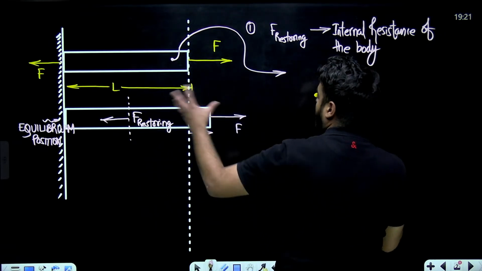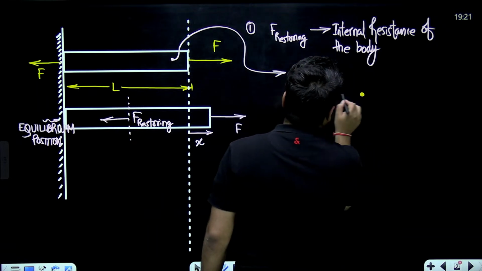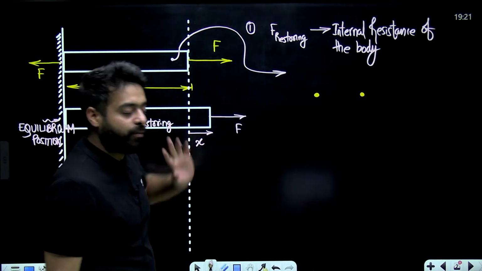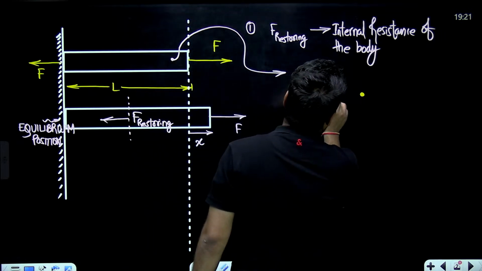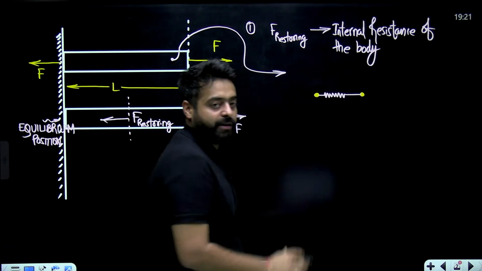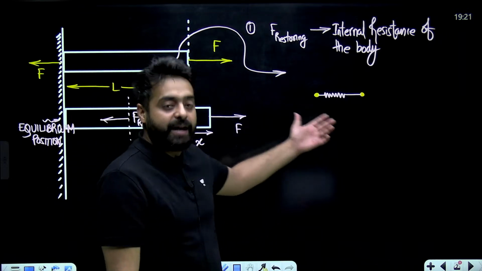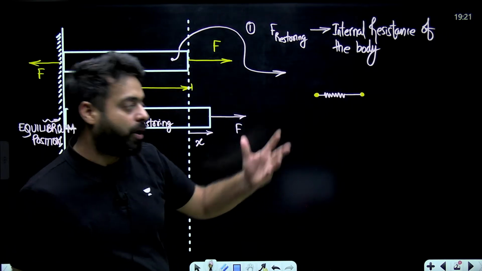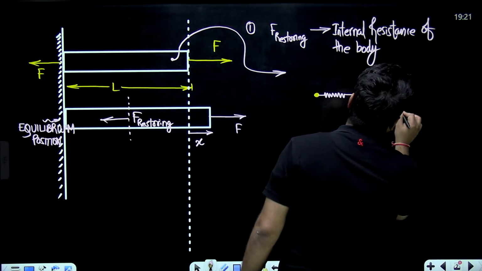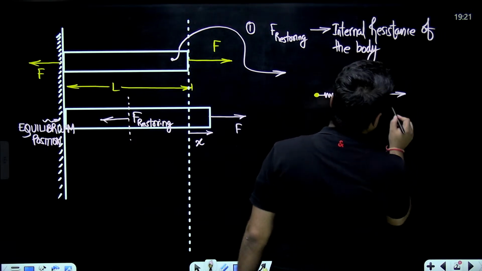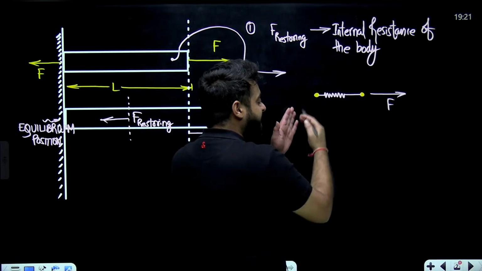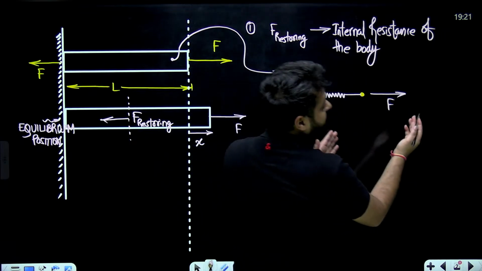When you apply any force, the two molecules inside this body are attached to each other with some bond. You can represent it like a spring, attached with some bond. And when you try to stretch this by any force F, it will try to regain its position, just like a spring.